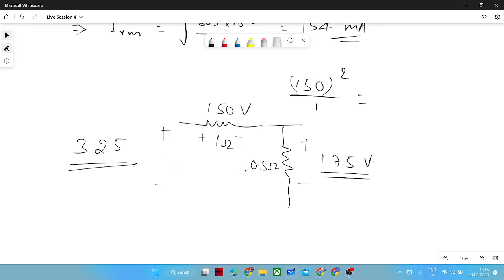But for that, you have to pay in terms of efficiency, losses and output power. Your output rating will generally be lower. You applied 325, but you will not get it, you will get something like 175.